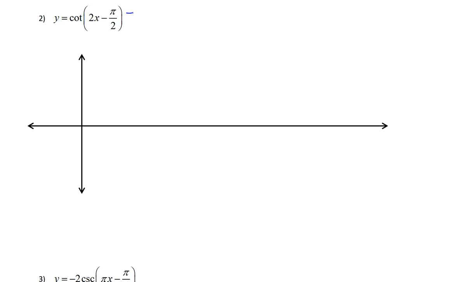Which means I'm just going to rewrite this function. I'll say equals cotangent, and I'm going to use some brackets to hold this clearly, and then factor a 2 out of that original input, which would leave behind an x minus, and then we have to be careful to know what would go in here so that if I distribute the 2 to it, whatever that is, it has to give me what I currently see there, which is the pi/2.